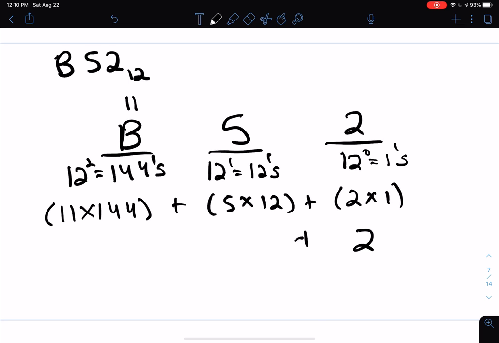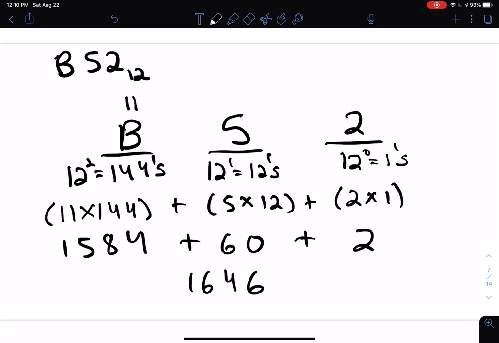So 2, 60, and 1,584. That gives 1,646 when I'm in base 10. Woohoo.